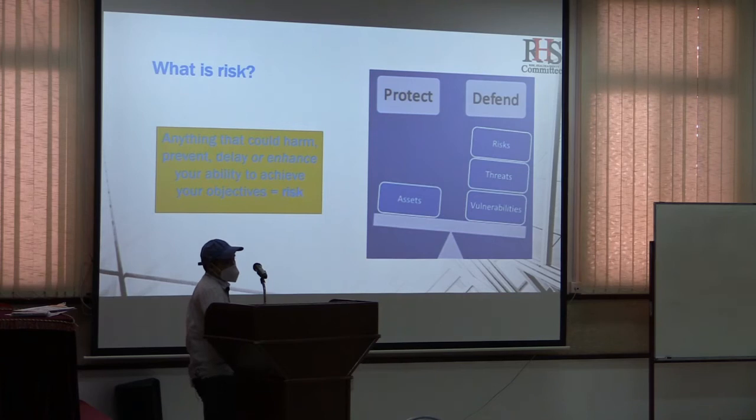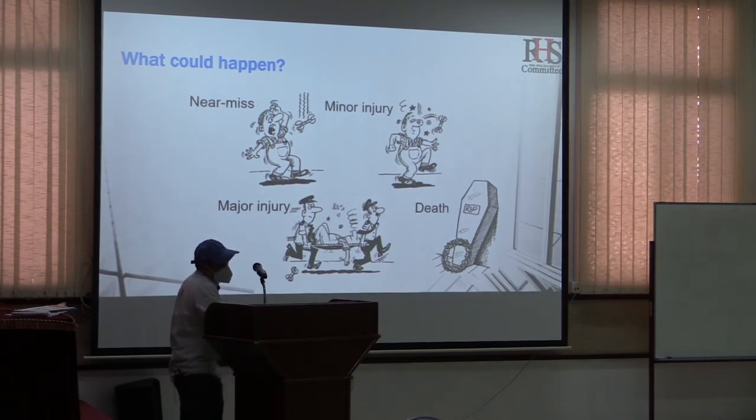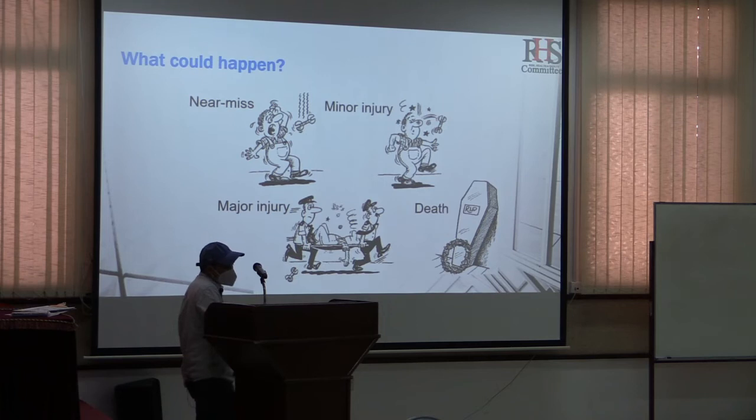Most of the things that are being anecdotally told to me are the near misses. When we talk about near misses, it is basically an accident, but there was no harm done because more or less the person involved escaped that particular incident.